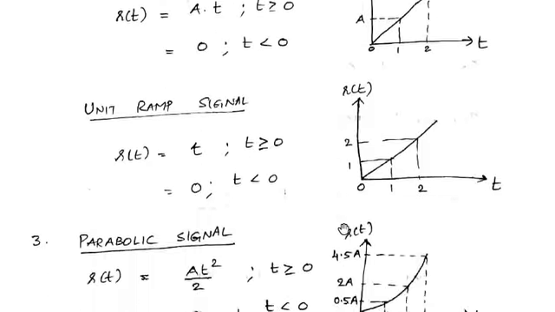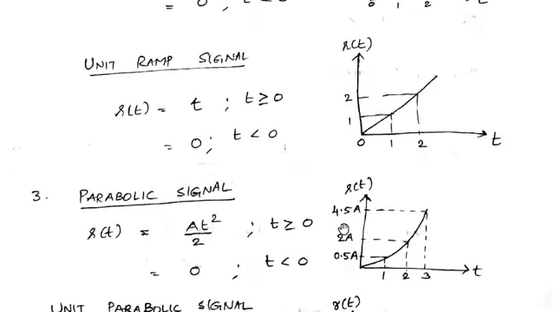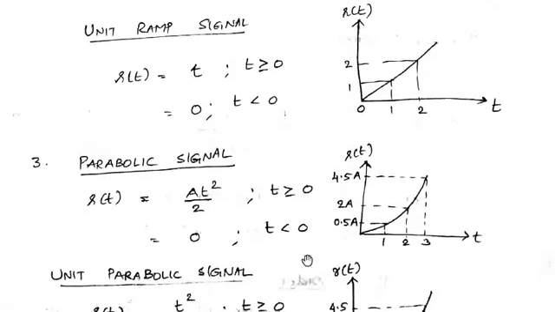Then we have the parabolic signal, and it's represented by r of t equal to A t square by 2 for time t greater than or equal to 0, and r of t equal to 0 otherwise. This is how we represent the parabolic signal. For t equal to 1, r of t is 1 by 2 A or 0.5A.